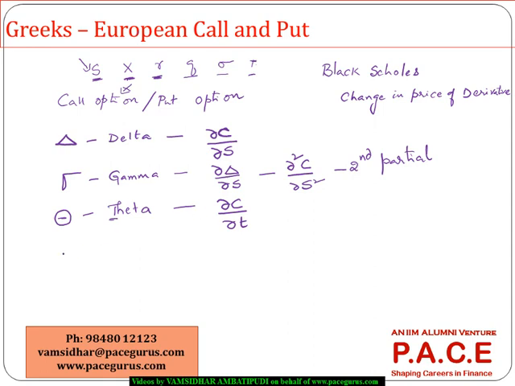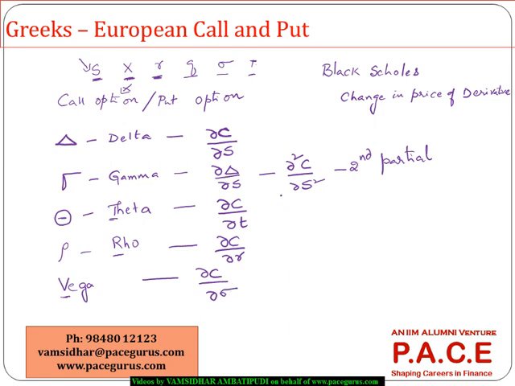Then we are talking about rho. Again, the first letter R talks about the risk-free rate of return: the rate of change of the price of the call option with respect to the risk-free rate of return. Then we have Vega, again V, which is the rate of change of the price of the call option with respect to volatility, so probably sigma.